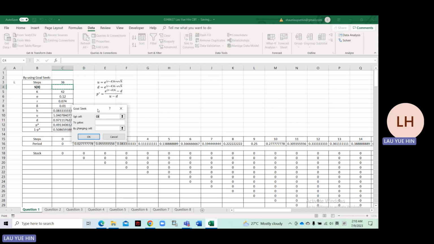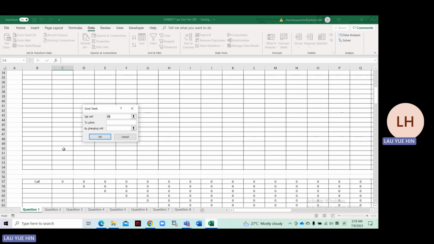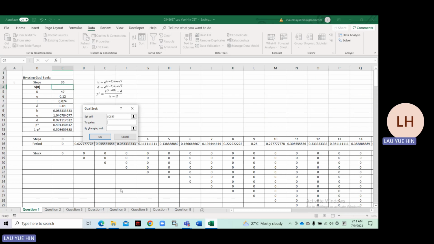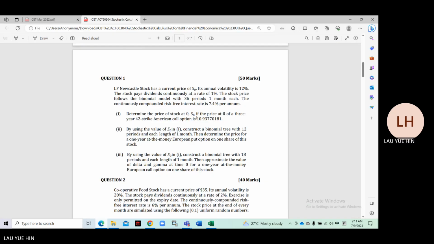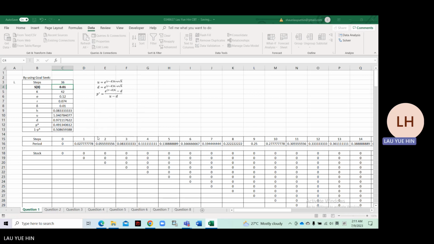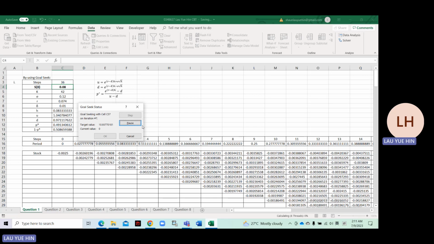And then I set the value of the call to the value given in the question, which is this one, by changing the cell which we want to find, and I let Excel run to find the answer.